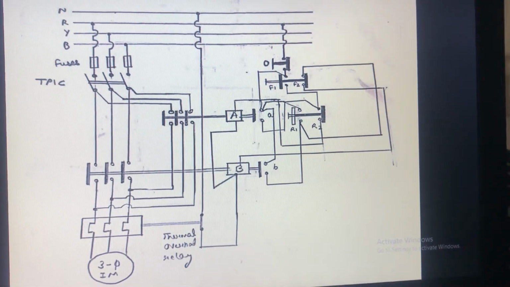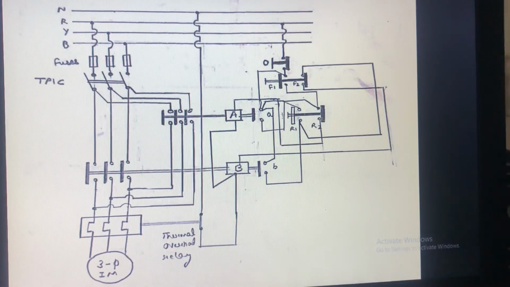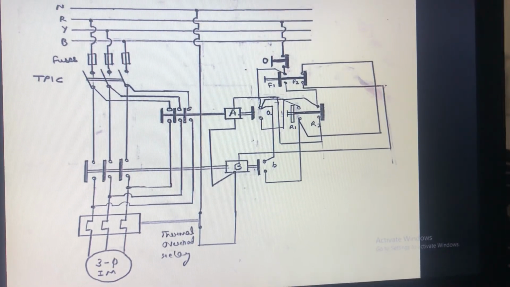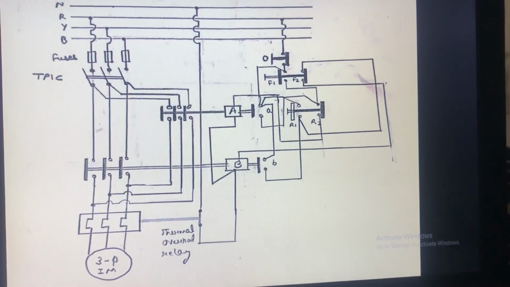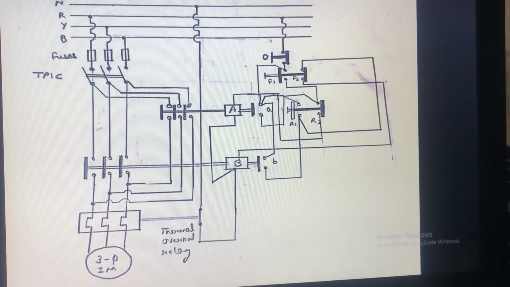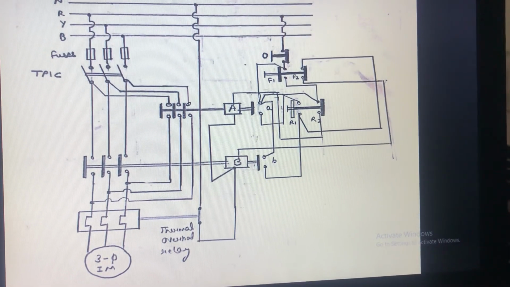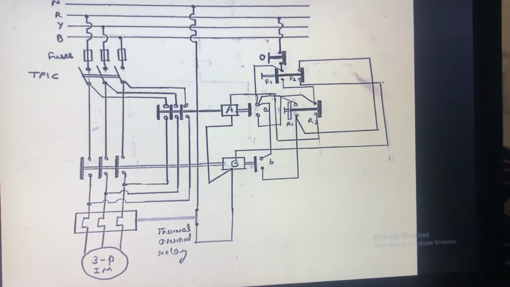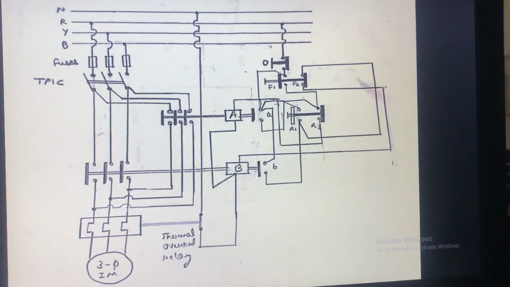Now contactor B will get supply from O, then to R1, which is closed now, from R1 to F2, which is normally closed, and from F2 to the contactor B. When this contactor gets energized, its contacts will get closed, and we have already discussed that in such case, the motor will reverse its direction. So let us see its schematic diagram.